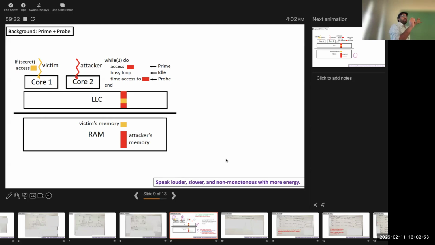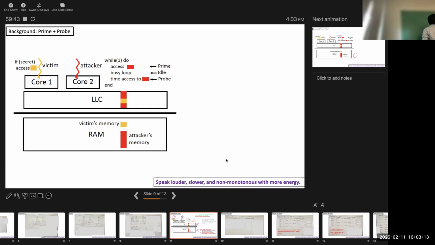And then I can figure out, if this is the set, which of my data will also be mapped into the same set, right? So I figure out that set first, based on the address. If I have the address, I can get the set number into which the address of the victim will be mapped.